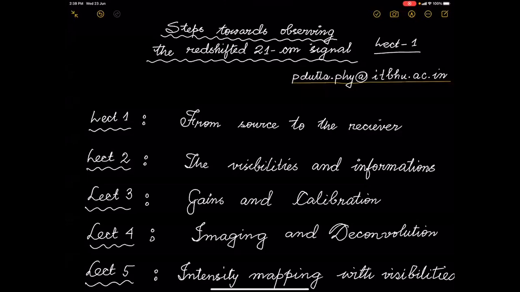So the calibration and imaging deconvolution process can introduce a lot of unwanted and unknown errors. What you may end up getting is that you see you have observed a dinosaur in the sky and try to interpret that there are dinosaurs in the sky at redshift 6.